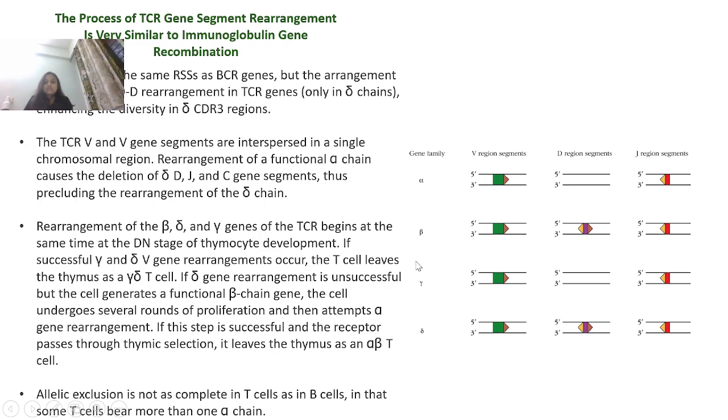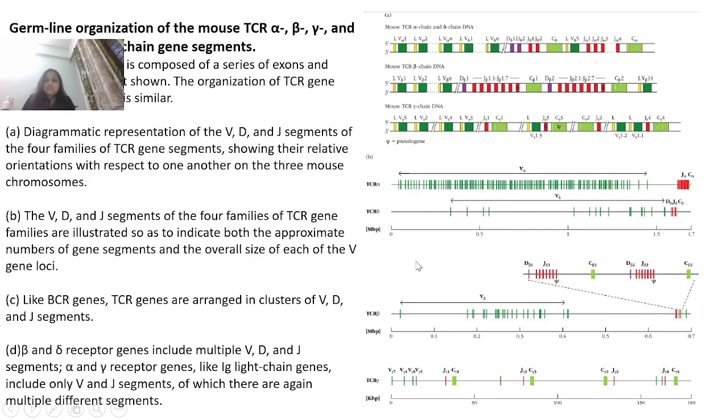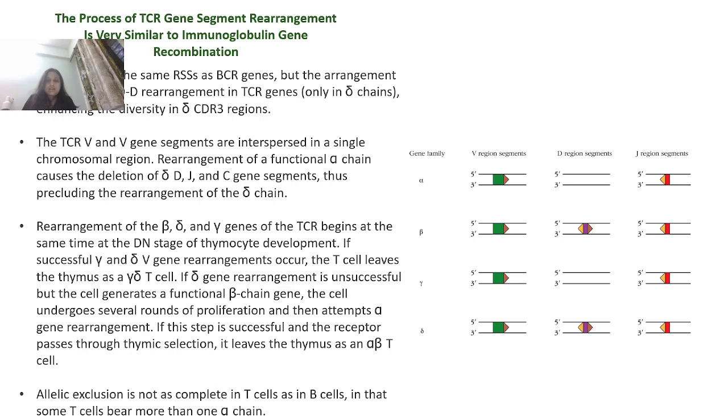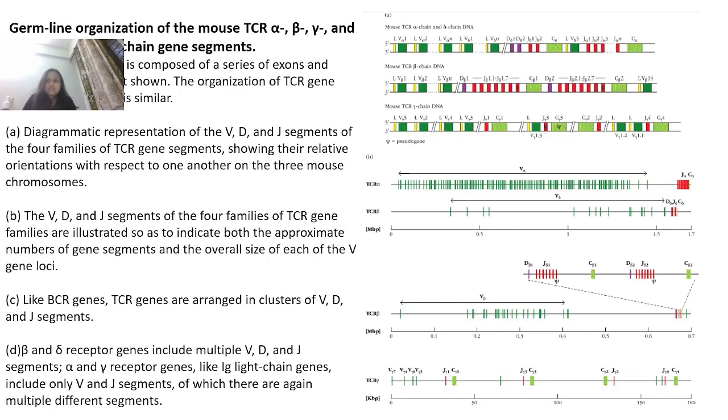So here you can see, in the alpha chain locus, the delta region is also present; the delta and the alpha chain are present on the same region.